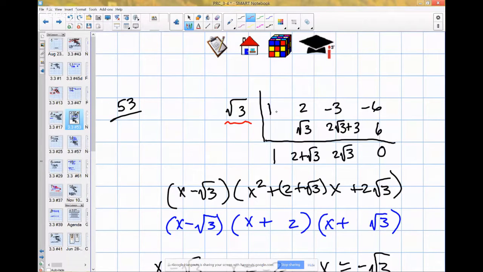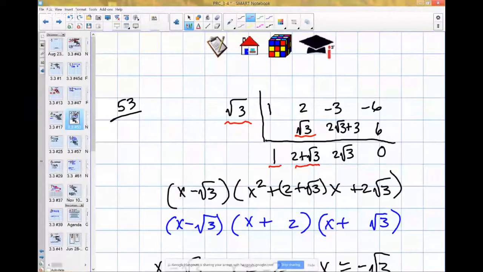So first you bring down the 1. Got that in place. Now multiply the square root of 3 times 1. Put that in the next column. Now add. We actually got a two-term answer here, 2 plus the square root of 3. Now I have to take the square root of 3 and multiply by that binomial.